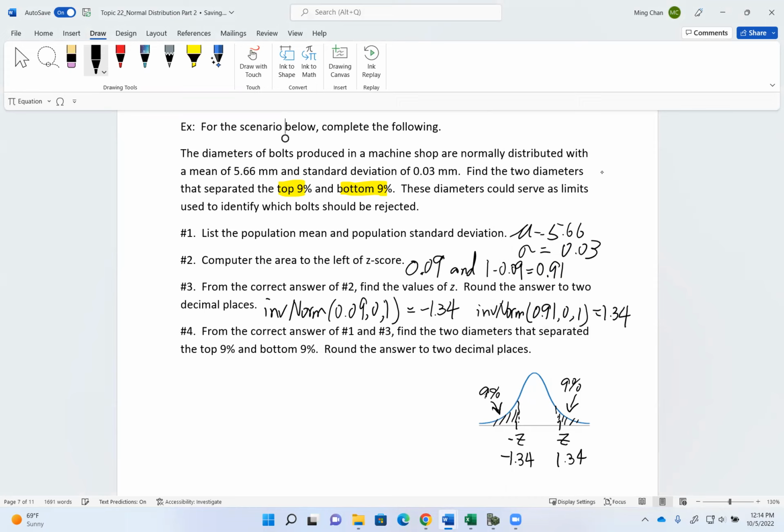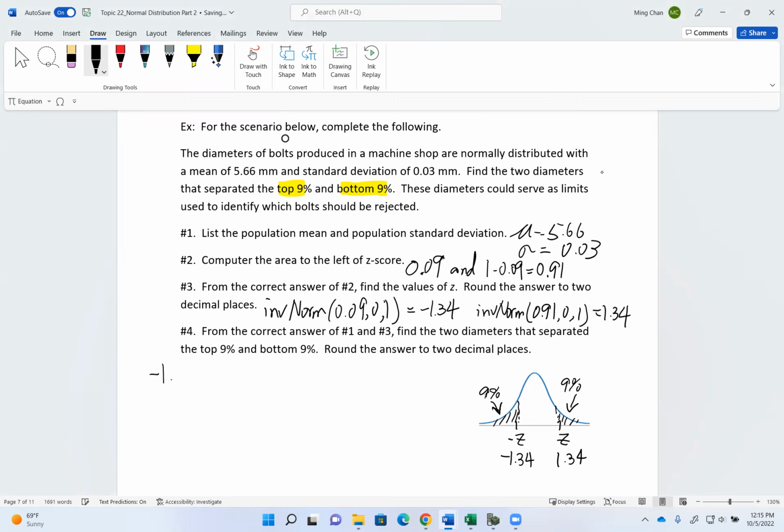Okay, we're not quite done yet. That's just a z-score. We need to really find the actual diameter, actual x. So same formula, okay? So I have the mean, I have the standard deviation, now I have my z-score. So this x value right here is for the negative z-score.